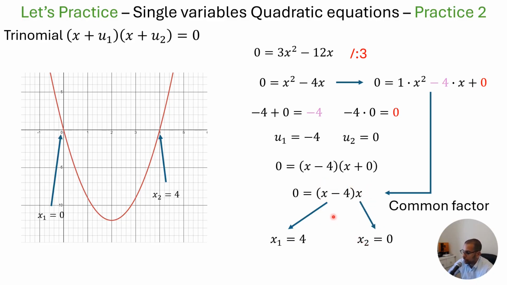So great, we solved it. Sometimes you're going to get this situation right here, but you can always use a trinomial. You can also simply take an x factor out to get this shape directly. So choose whatever way you want to do it, just have it in the shape of a multiplication of factors.